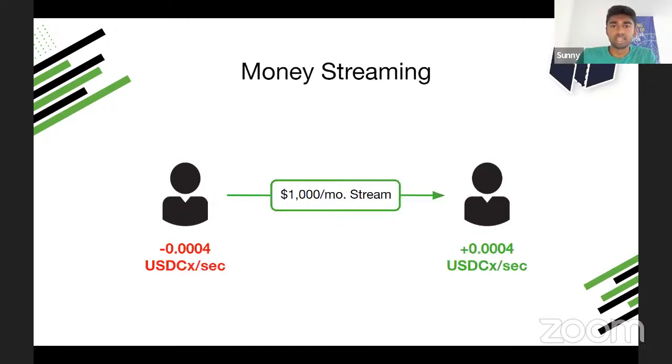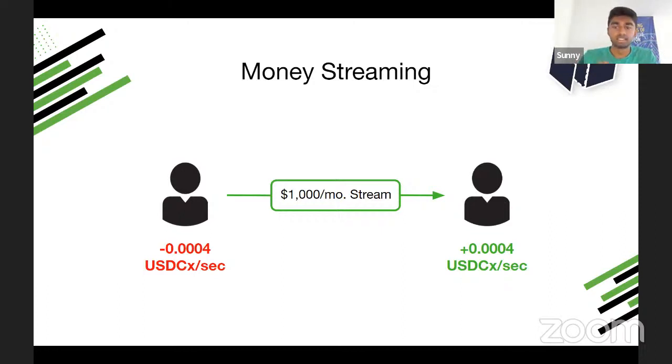With Superfluid, we're taking this a step further with money streaming. Instead of saying I want to send you $10 all at once, I can say I want to send you $0.004 per second, which comes down to a monthly rate of about $1,000 per month.